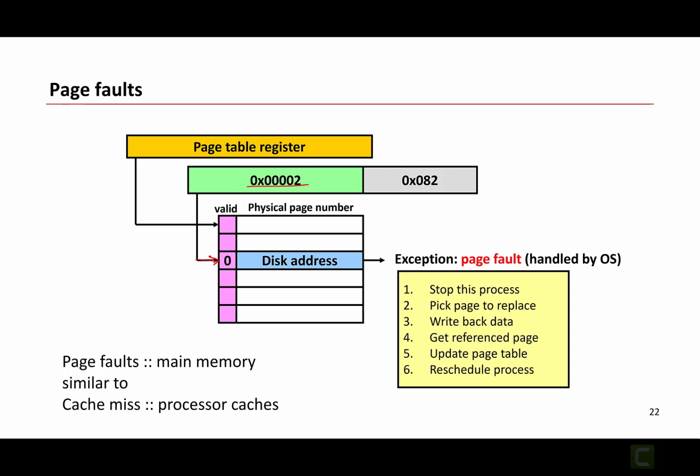And this usually raises an exception because accessing data from main memory is fairly fast. It's much slower than accessing the cache. It's hundreds of cycles, but it's just hundreds of cycles. But if your data resides on the hard disk, it's going to take 100,000 cycles, some ridiculously long time.